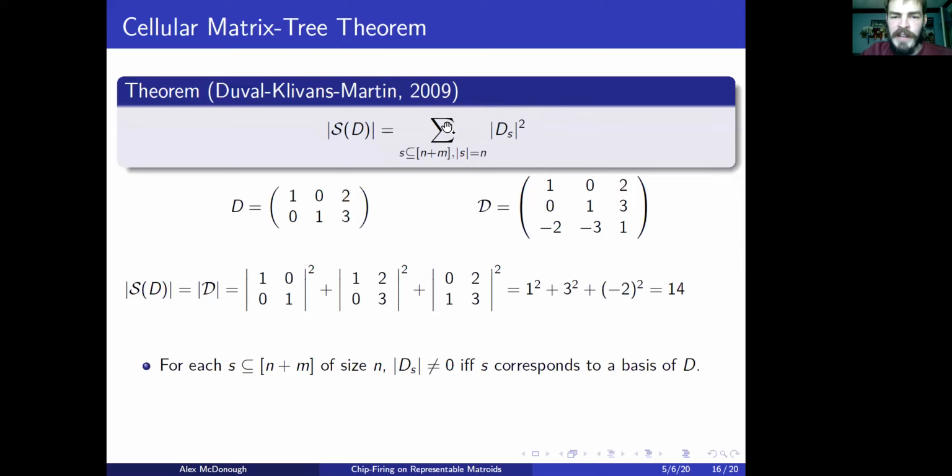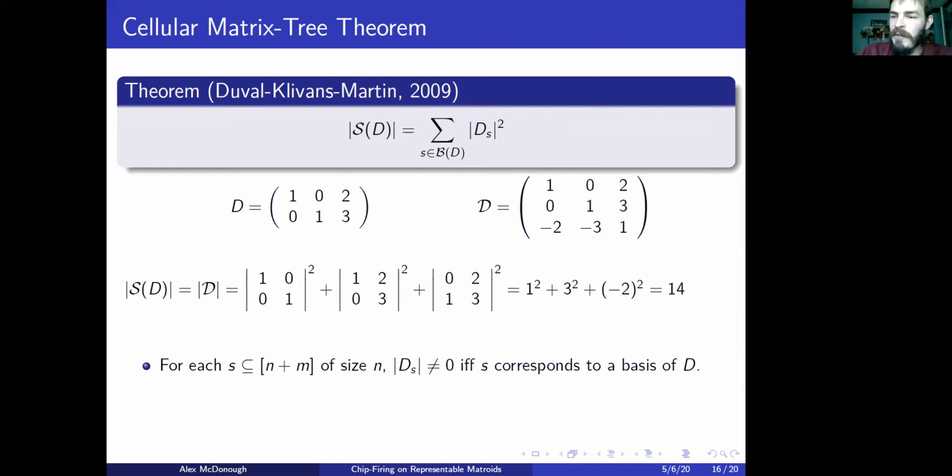So we can change our sum a little bit and say that it's actually just equal to the sum over all the bases of D, the bases of the matroid that's defined by D would be the full way to do it. You're going to take d_S squared for each one. So now we've got the size of the sandpile group connected to a statement about the bases.